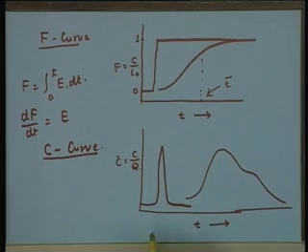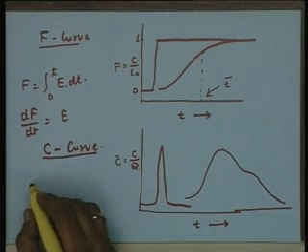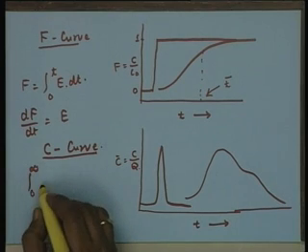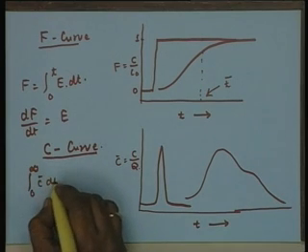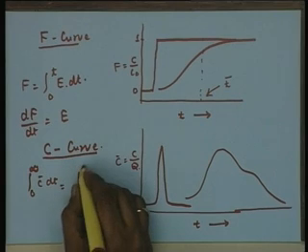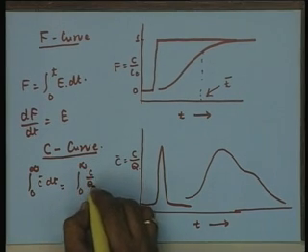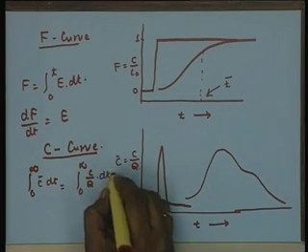Now Q is the total quantity of the input that is given, and therefore the integral from 0 to infinity of C bar dt is equal to the integral from 0 to infinity of C upon Q dt.